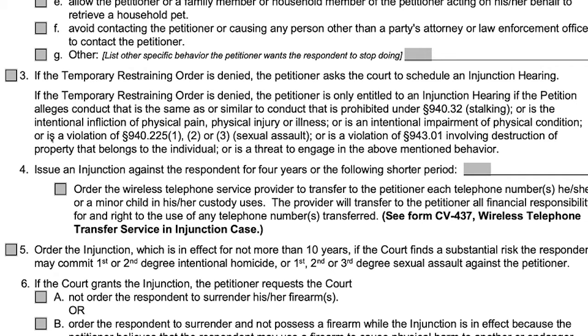or as the intentional infliction of physical pain, physical injury, or illness, or as the intentional impairment of a physical condition, or as a violation of, here's a big one, Section 940.225 subs 1, 2, or 3, sexual assault, or as a violation of 943.01 involving destruction of property that belongs to the individual, or as a threat to engage in the above-mentioned behavior.